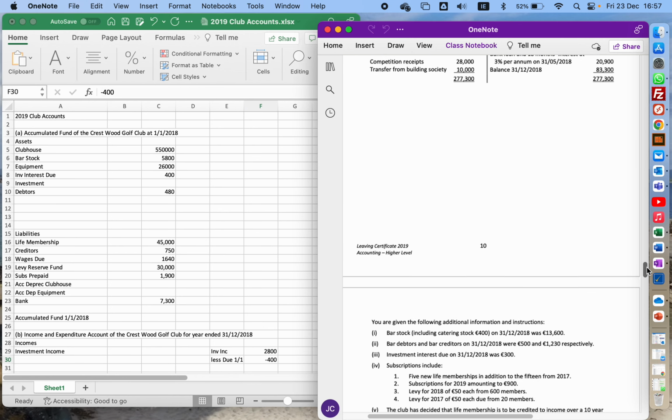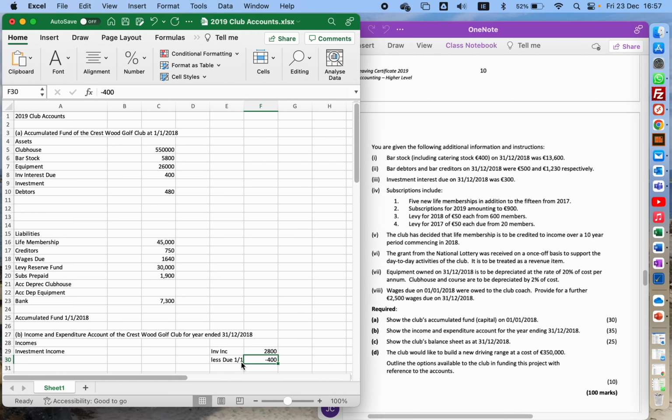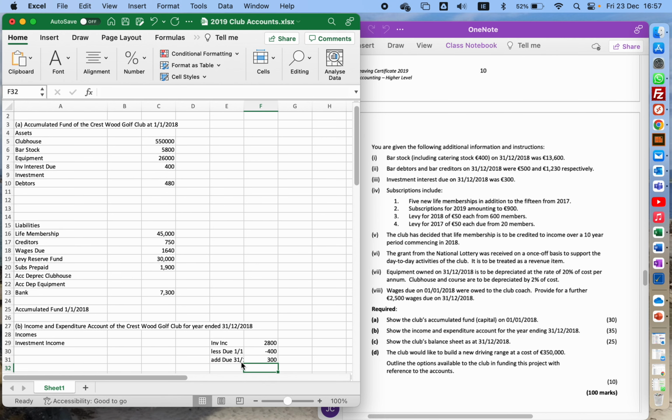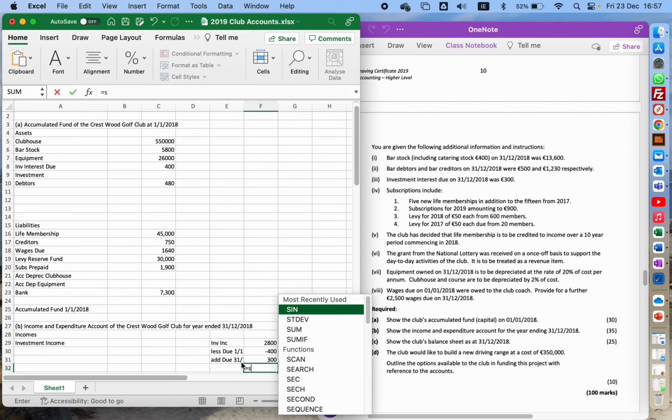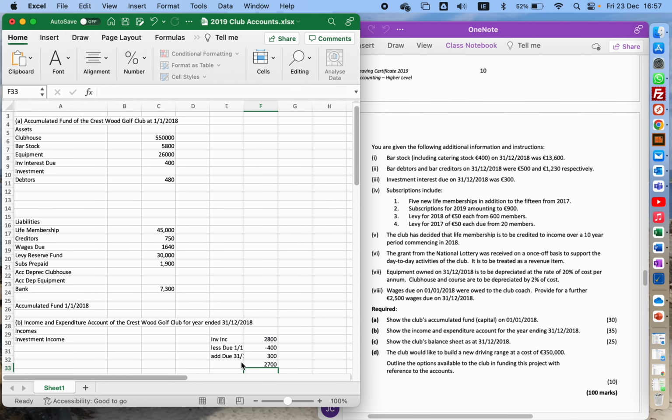Down the bottom of the question, then it says that there was investment income due at the end of 300, so that's added on. So the real figure for investment income is all those added together.